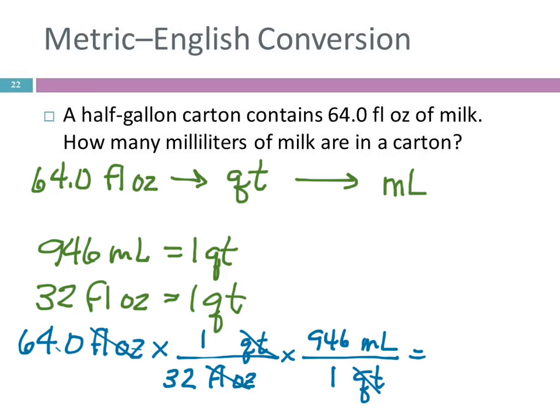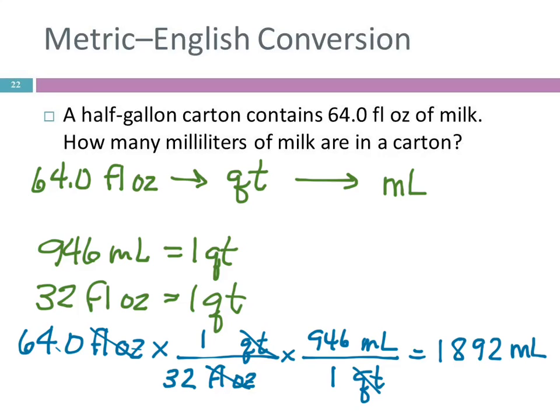You go left to right, and you multiply by the top, and you divide by the bottom, and you just go straight across like that, and then you press equals, and you're done. So 64 times 1 divided by 32 times 946 divided by 1 equals, calculator says 1892. The unit left is milliliters.